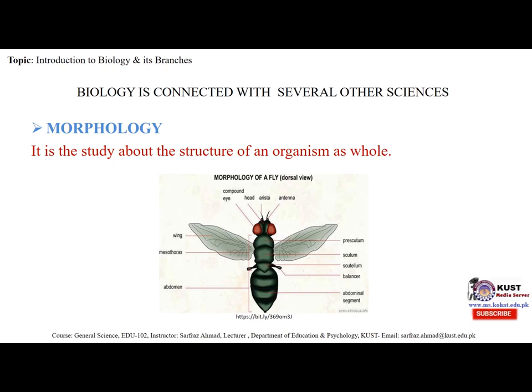If we discuss the word morphology in biology, then we can say that it is the study of the size, shape, and structure of animals, plants, and microorganisms, and of the relationships of their constituent parts.